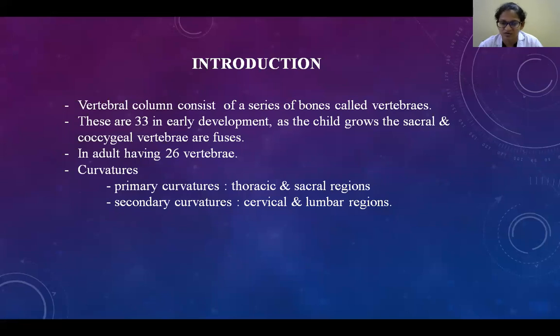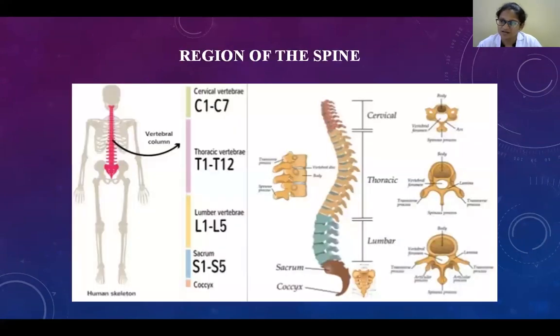Whereas the secondary curvatures appear in the cervical region and the lumbar region. These appear in an S shape, whereas the primary curvature appears in a C shape, and the secondary curvature in an S shape. Next, how the vertebrae are arranged region-wise.